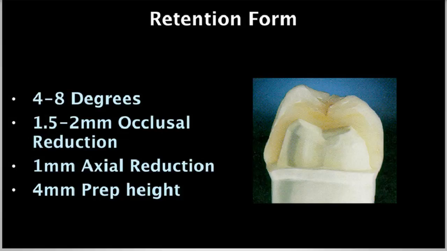So if we have a tooth preparation that has all of these features, minimal taper, so really nice walls that create mechanical retention, significant wall height of 4 millimeters or more, and adequate reduction occlusally and axially to support the strength of the material, now we have the ability to cement. We could still choose to bond, but we need retention form in order to cement.